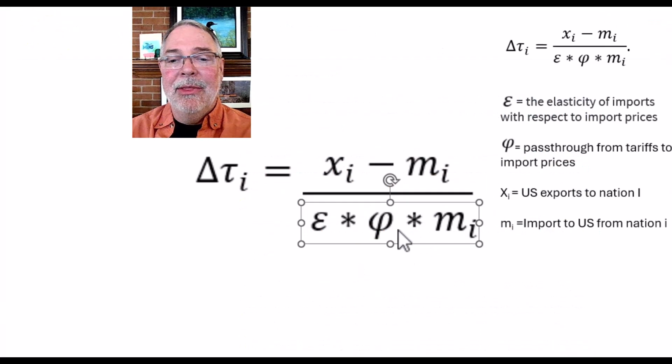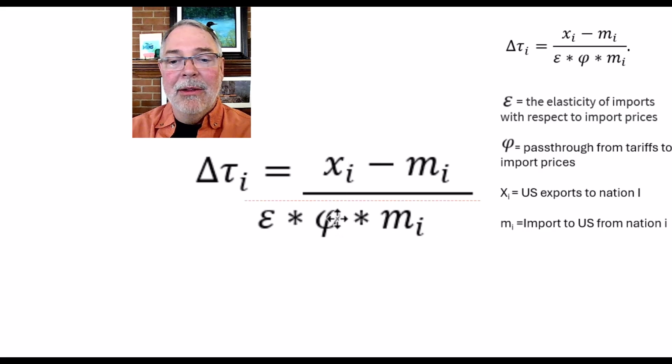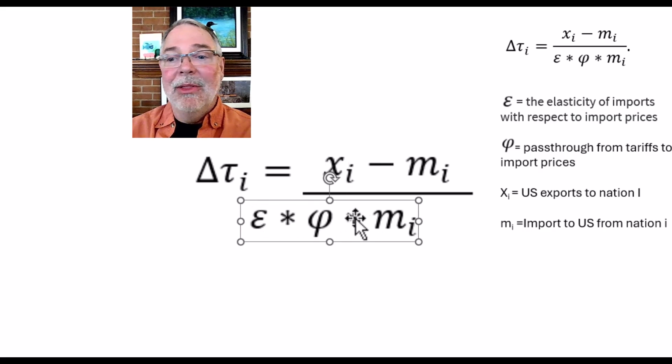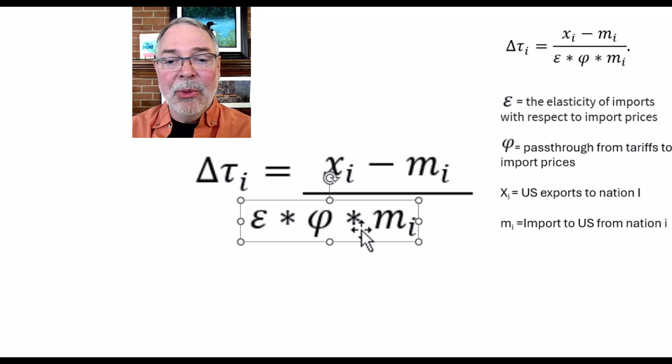So in the end, these things go away. And we have to get rid of these things, and I should have had a thing that would do that. But it would be the trade deficit divided by M. So just epsilon and phi go away.